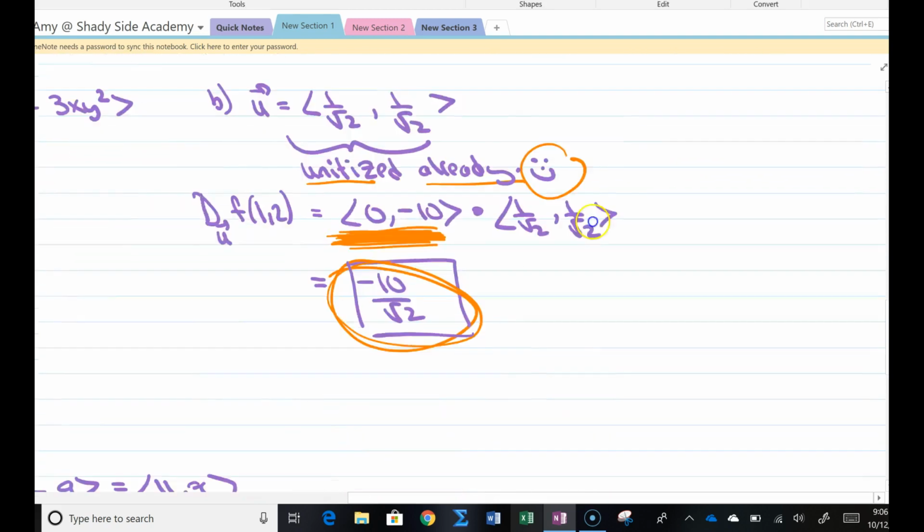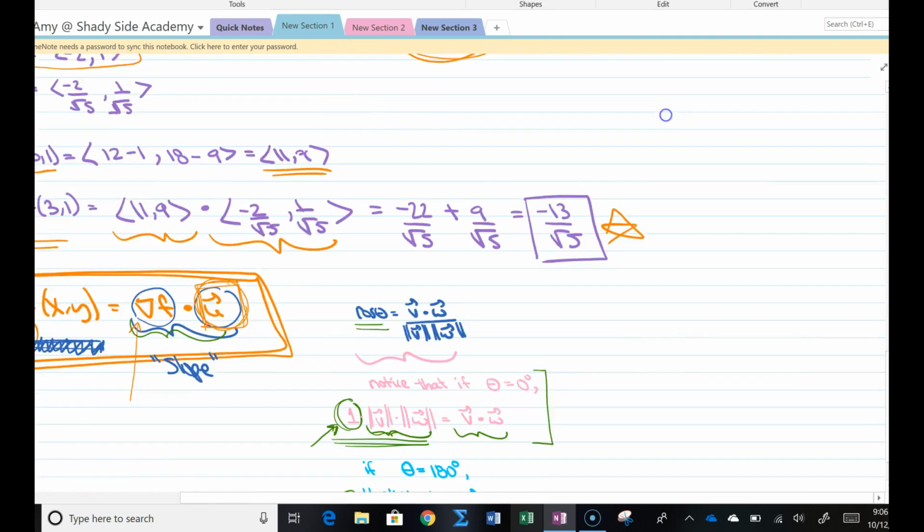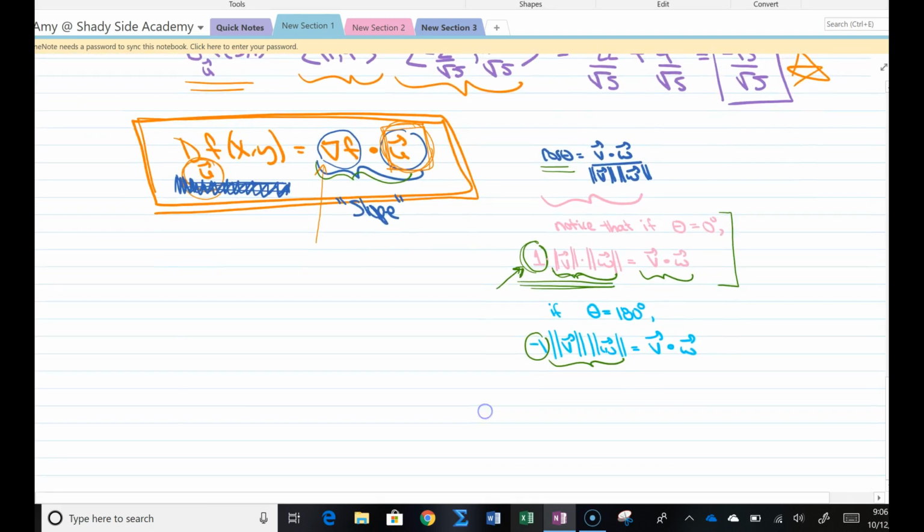I'm going to pull from the work we did above. Del f at 1, 2 is equal to 0, negative 10. So clearly you should head in this direction for max elevational change. My question now is, what is that max elevational change going to be? Like, what is that actual value?